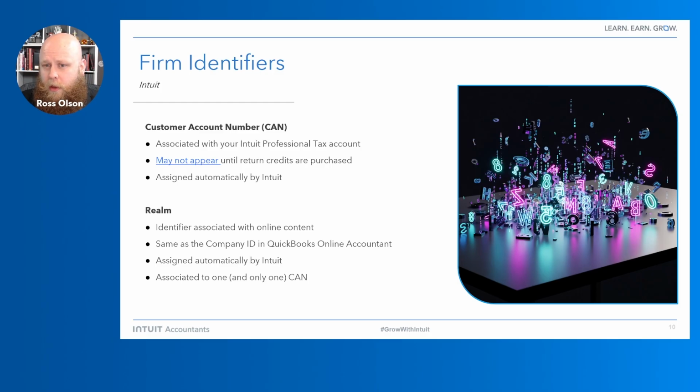If you're utilizing QuickBooks Online Accountant and want to use some of those integrations with prep for taxes, making sure your clients are shared across those two locations, we want to make sure that your realm in ProConnect Tax matches your company ID in QuickBooks Online Accountant. That's an important thing to be aware of early, because it's easier to get that adjusted sooner than after you've started preparing returns and building your client database up inside of ProConnect Tax. So something to keep in mind there.